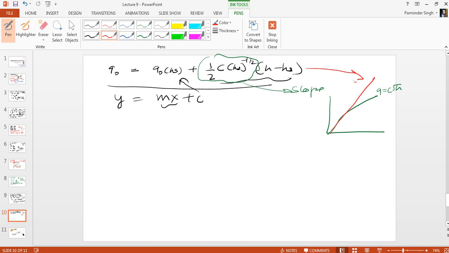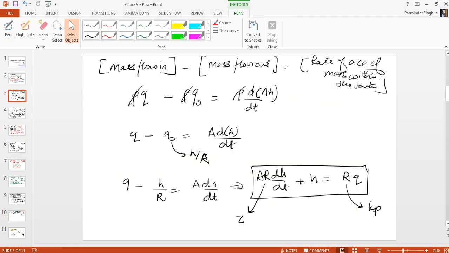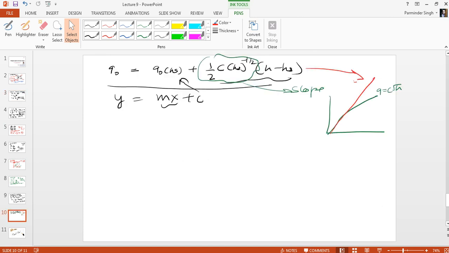Now in the case of linear systems, that is over here, the slope was 1 by r. So again in our case we'll take the slope as 1 by r.